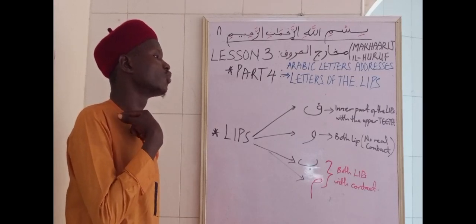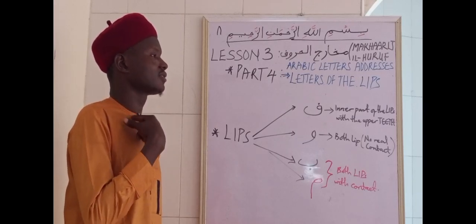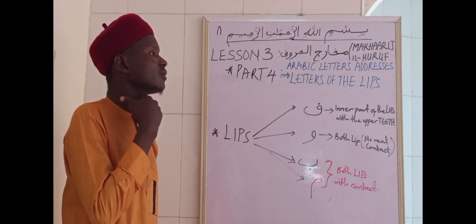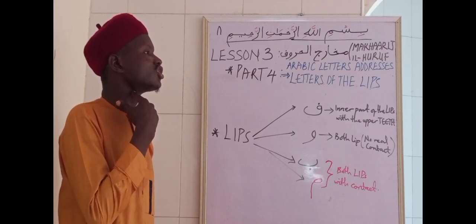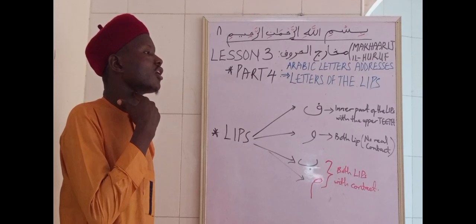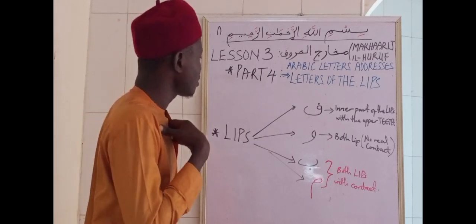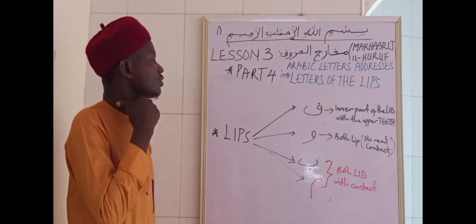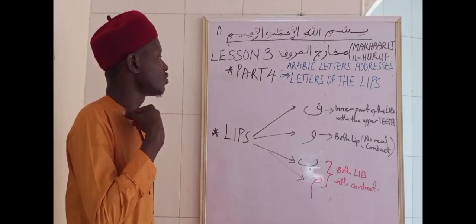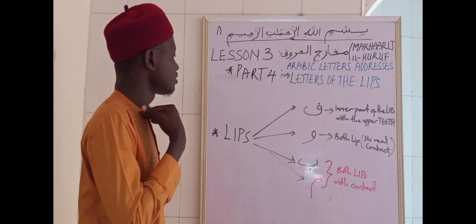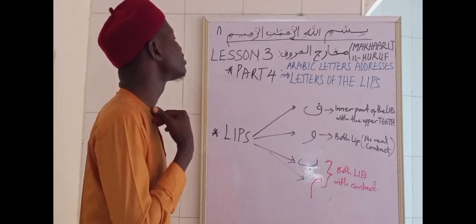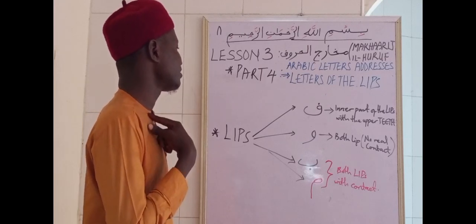The throat is between the back of the tongue and the vocal cords. That is where the throat lies, and we have 6 letters there.